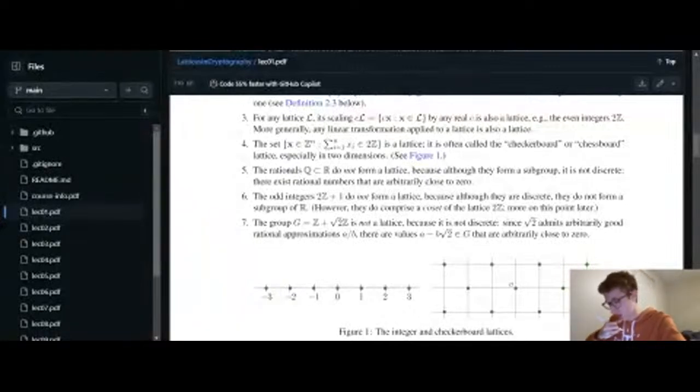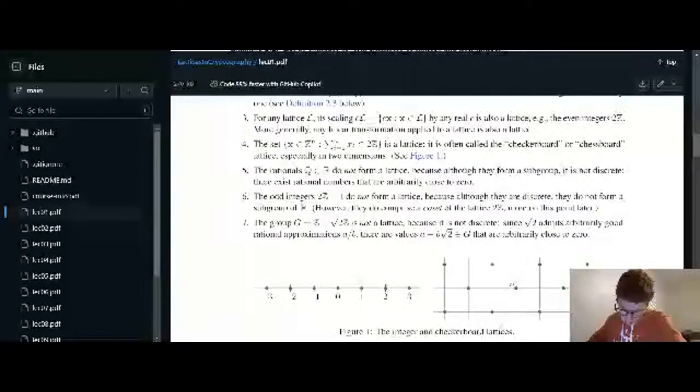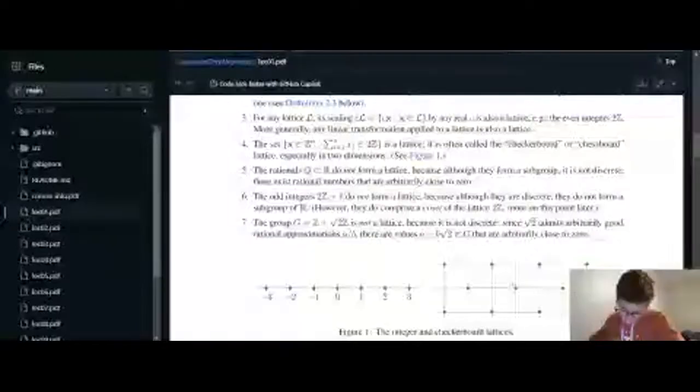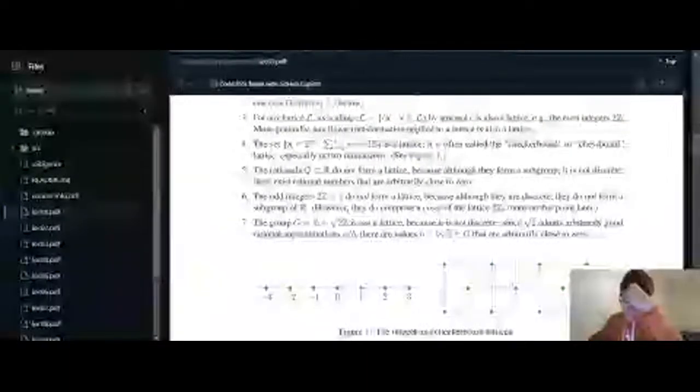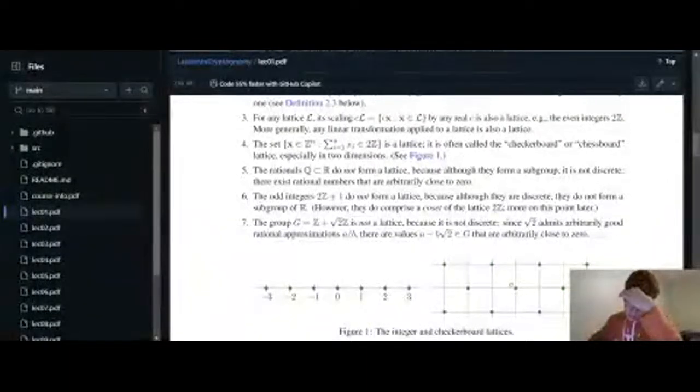Okay, so for 0, 0, this is a checkerboard lattice, so that's a nice clue. So 0, 0 should map.